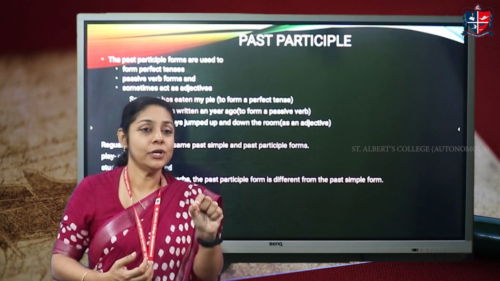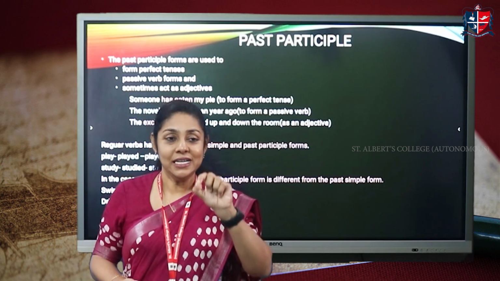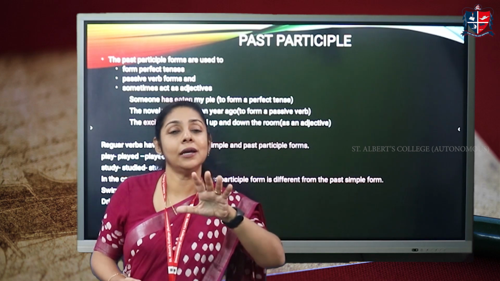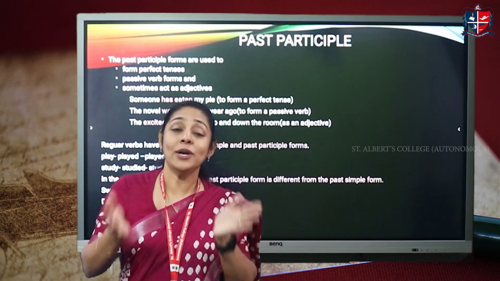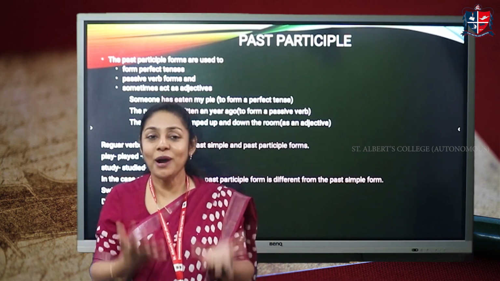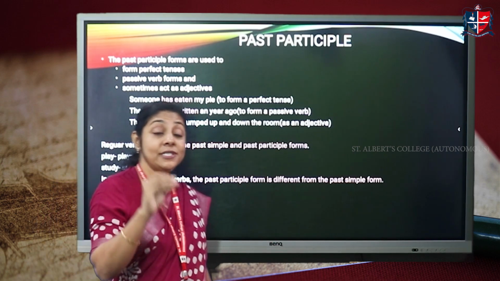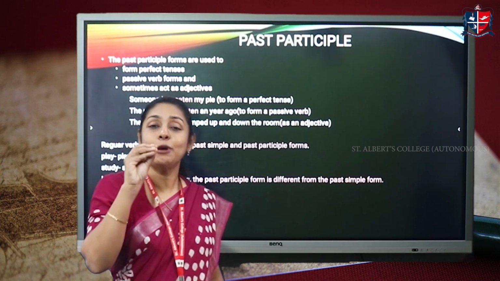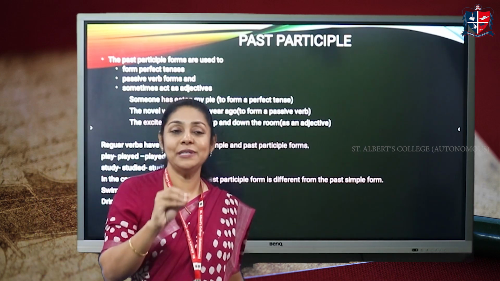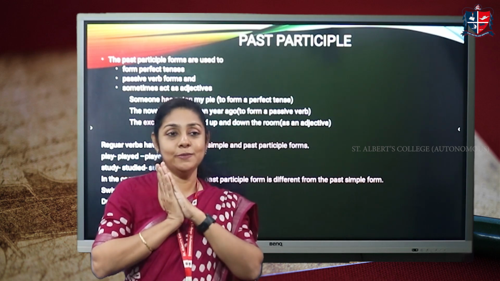So for some verbs, we see that both the past tense and the past participle are denoted using ed. Whereas for certain other verbs, we have a different form altogether for the past tense and also for the participle form. So the verbs that take ed for past tense and also for participle form are called regular verbs, right?